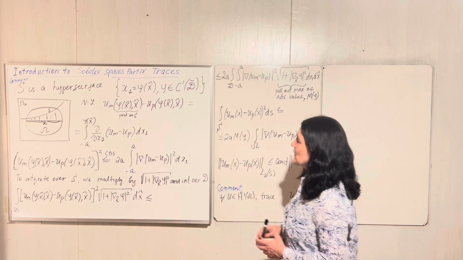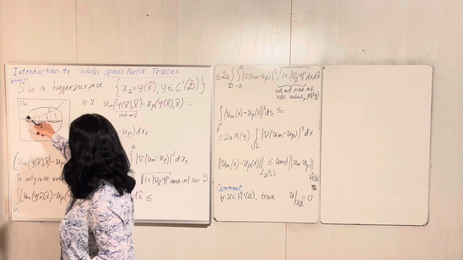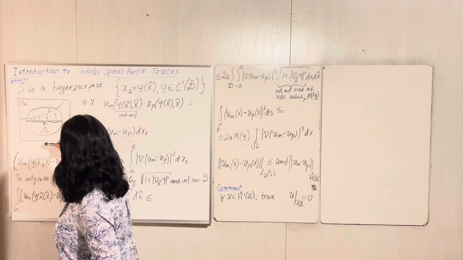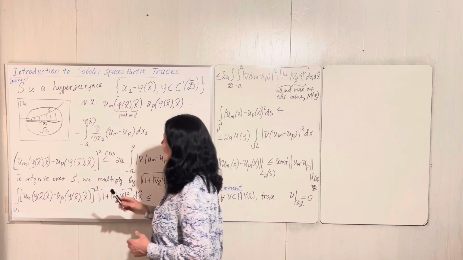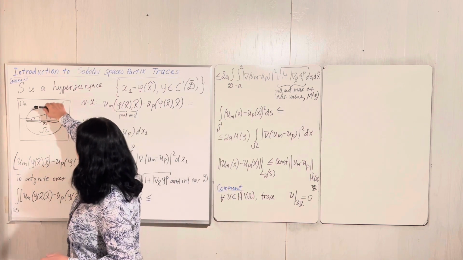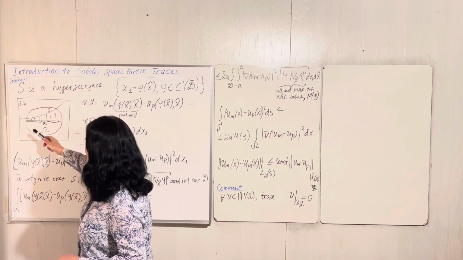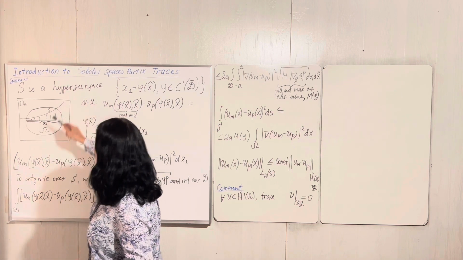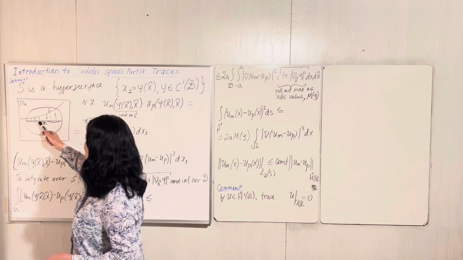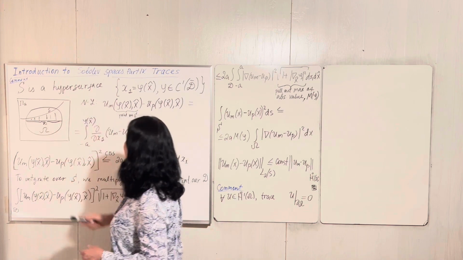Here I made the picture. It's our Ω. This is our cube that contains our Ω, and we will continue the function as 0 outside. And this is our S hypersurface, and this is its projection, D.